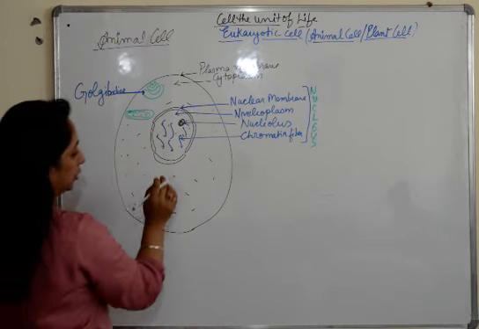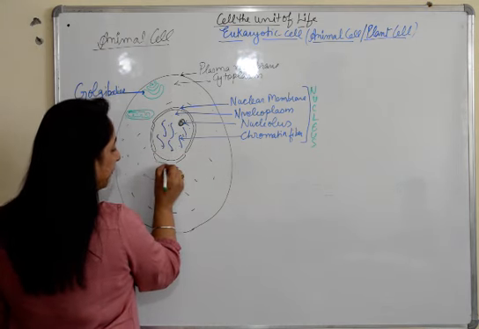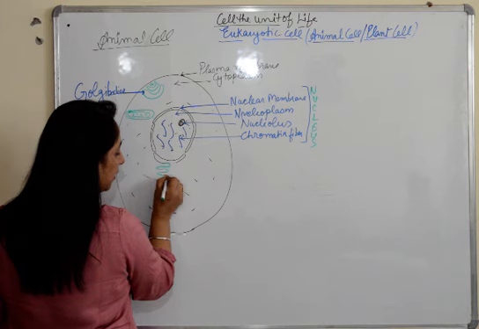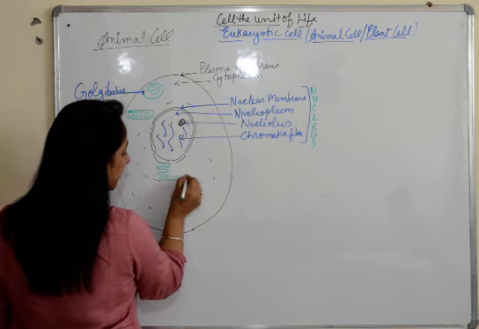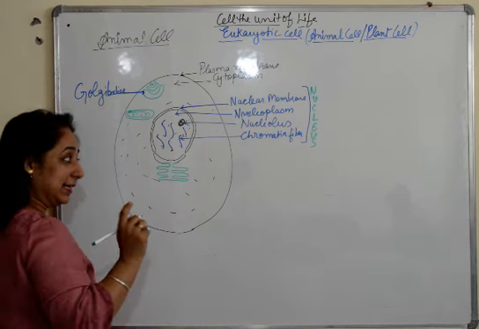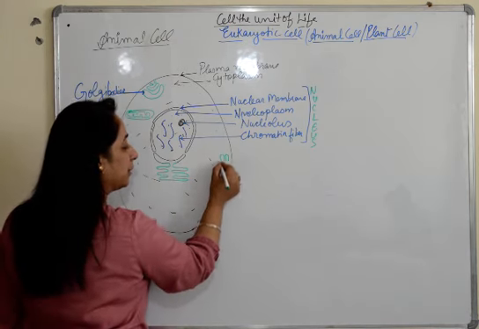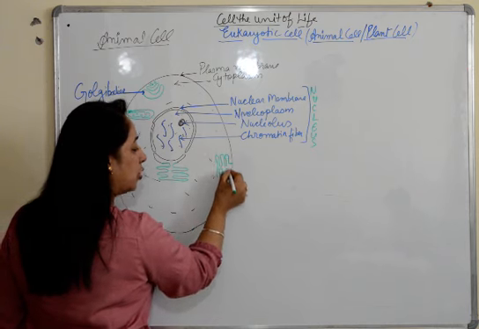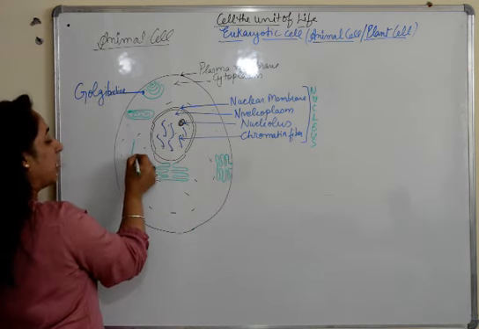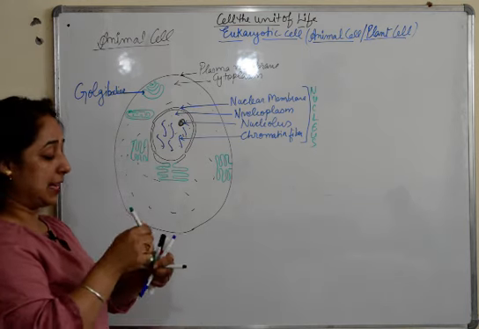In addition to the nuclear membrane, we have an additional attached structure present here, that is the endoplasmic reticulum. It is attached to the nucleus. It can be attached to the plasma membrane also, and it can be found free as well. It can be in any of these scenarios.